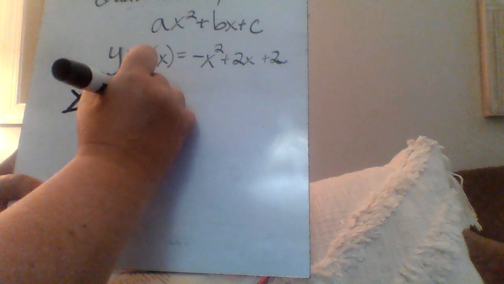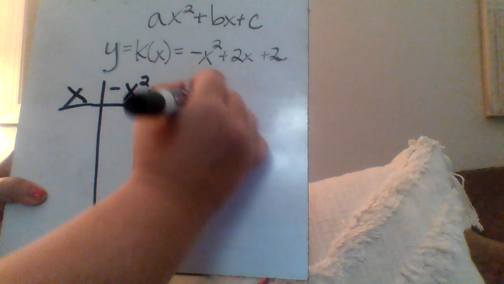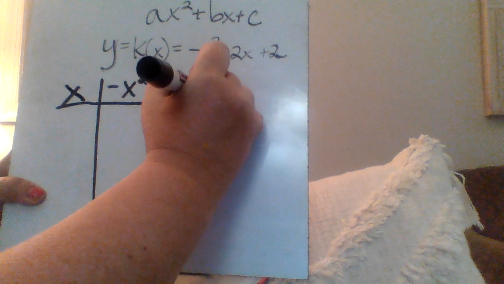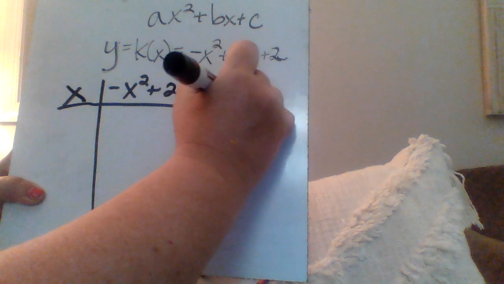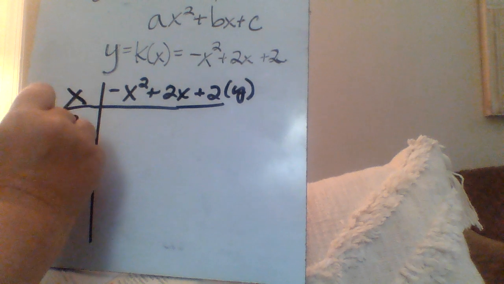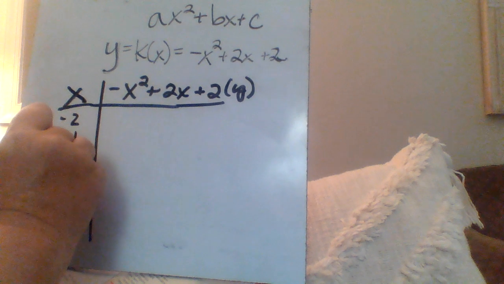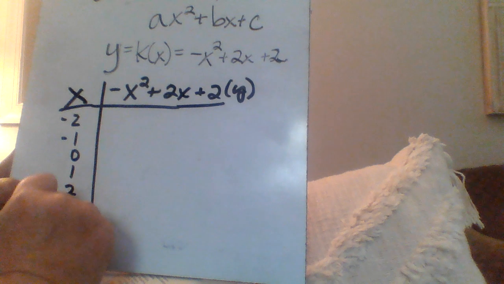We're going to have minus x squared plus 2x plus 2 as our equation. It's also just considered y. So we're going to choose -2, -1, 0, 1, 2, 3, and 4.